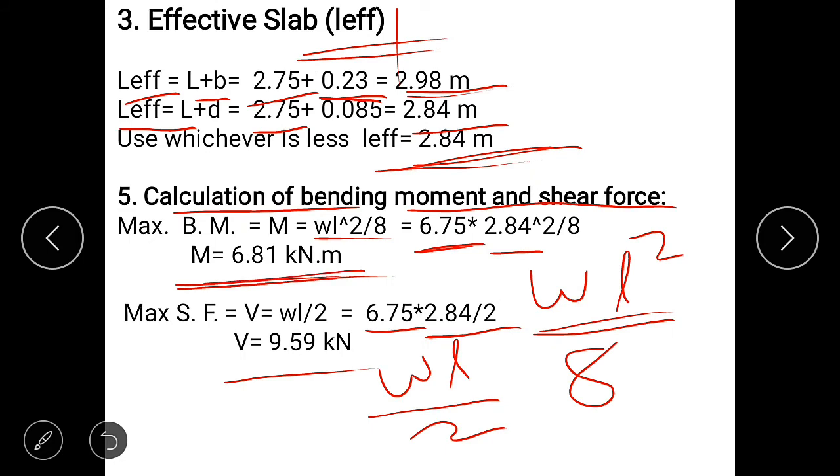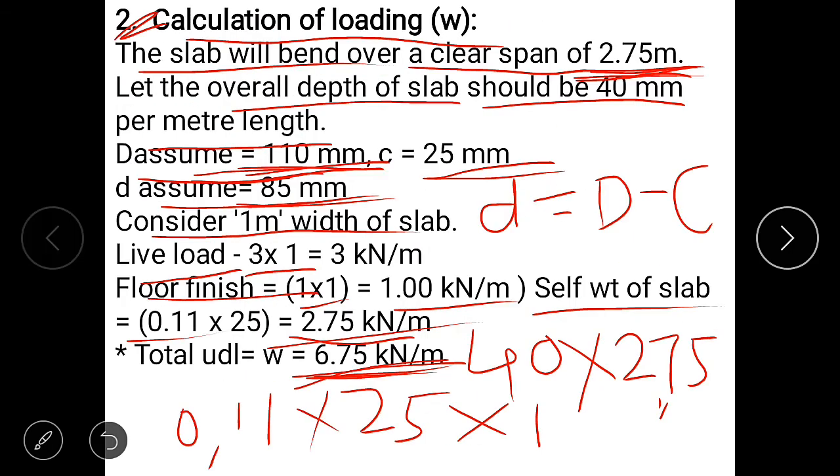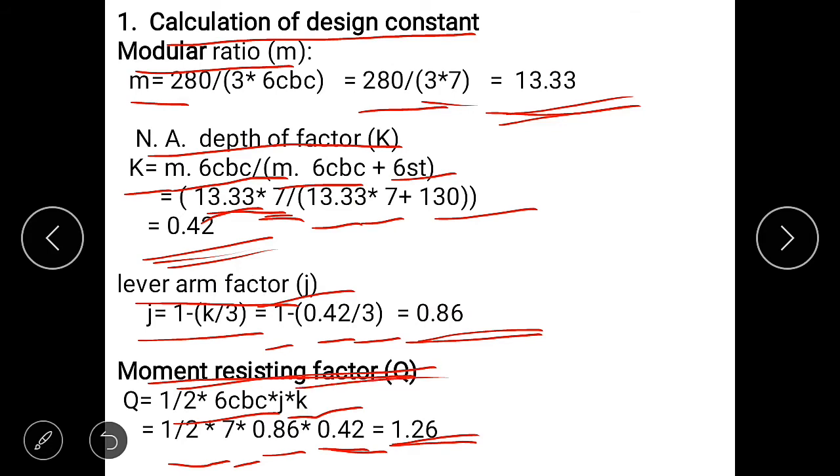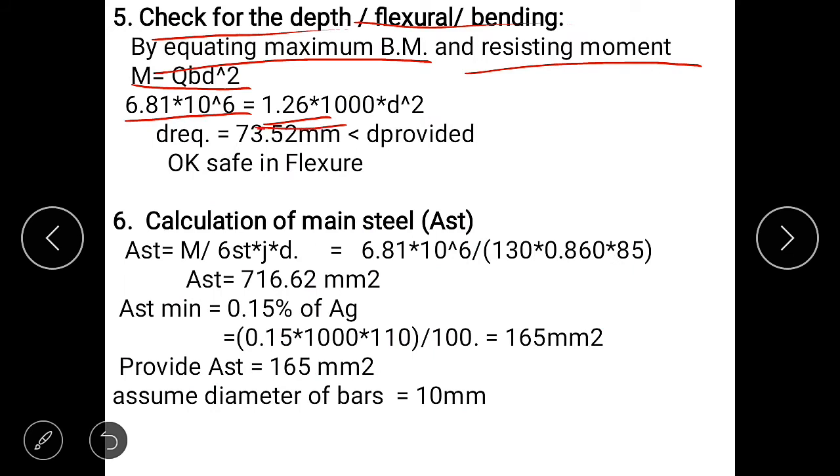Q is the moment resisting factor, calculated in second step, Q is 1.26.